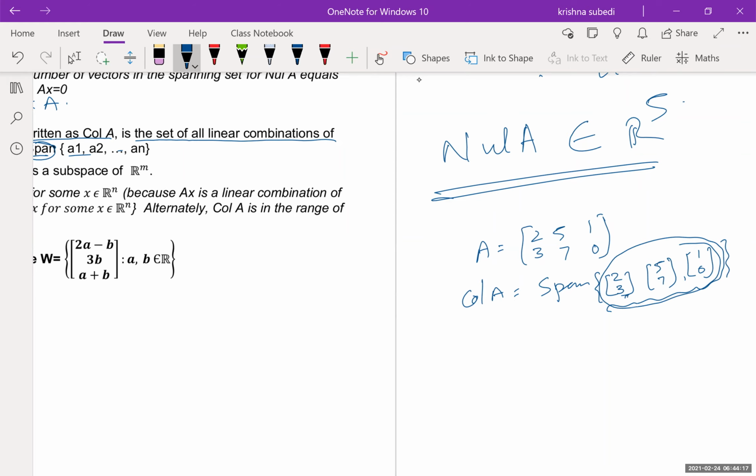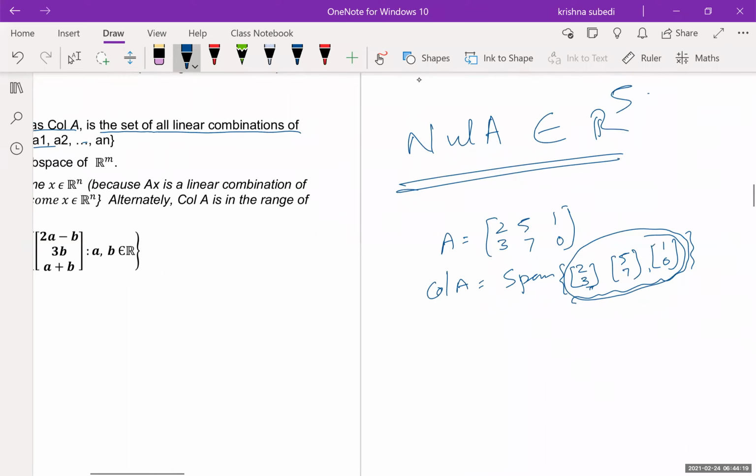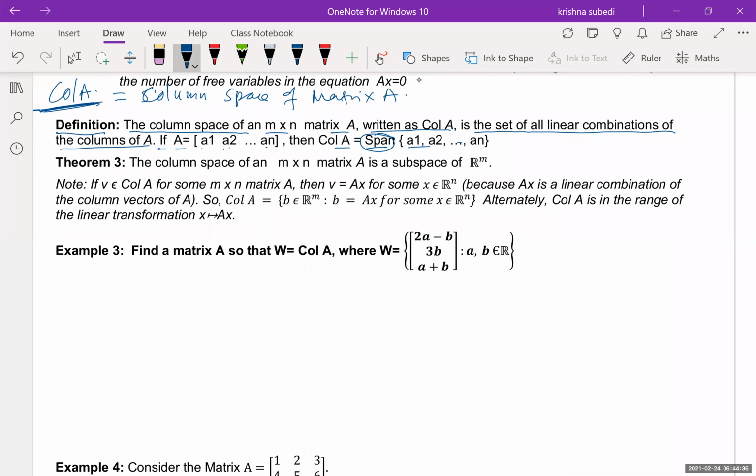So the column space of A is a container whose objects are created by some linear combination of those vectors. What are those vectors? Those vectors are the vectors in the columns of A. That's it.